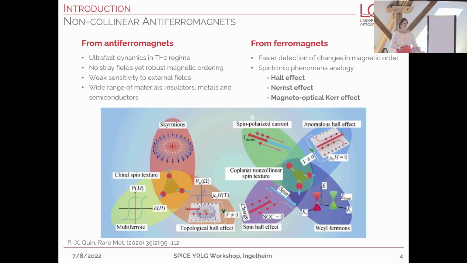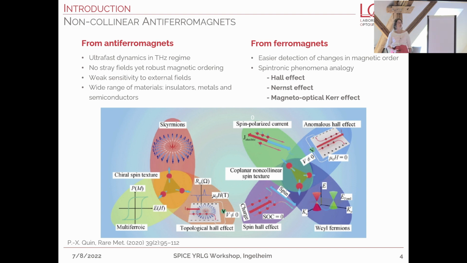So, as discussed several times, just to introduce our non-collinear antiferromagnets, they are really nice, extremely interesting systems because they are somehow halfway between ferromagnets and antiferromagnets. From antiferromagnets, they are usually fully compensated, so they have very small magnetic moment, and they are not very sensitive to external magnetic field.